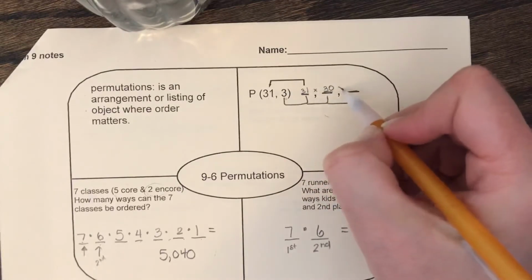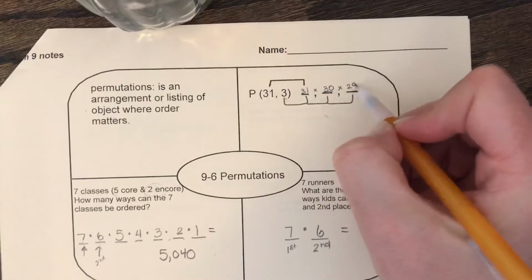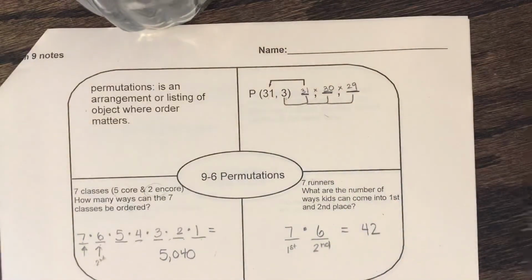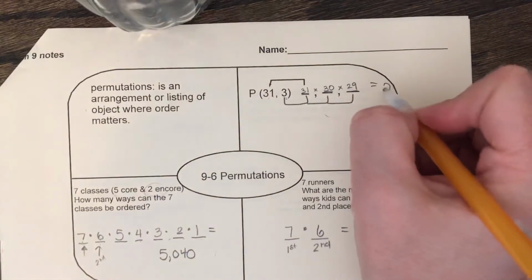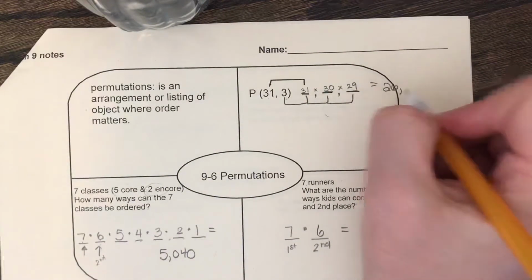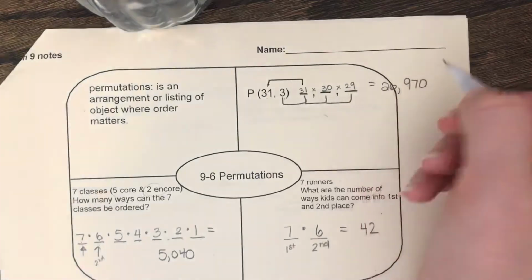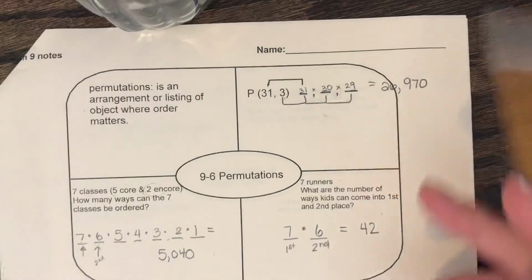And the last one would be 29. And then I just take those 3 numbers and multiply them. So 31 times 30 times 29. And that gives me an answer of 26,970 different outcomes with this permutation.